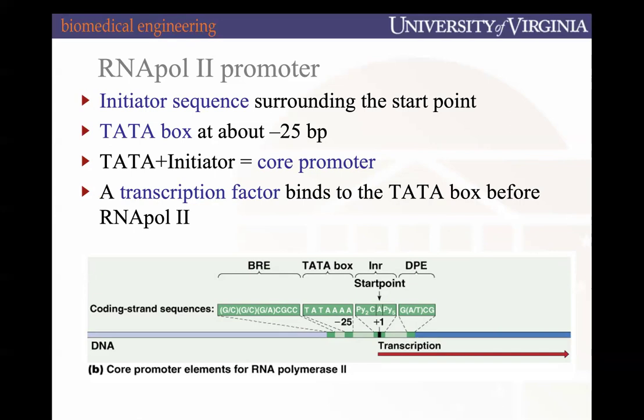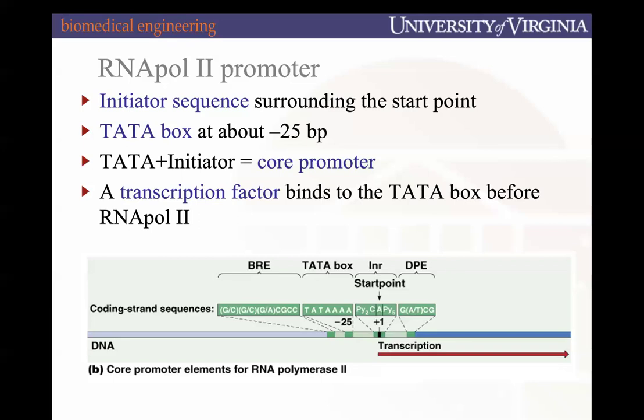In addition to that, we have the TATA box to the left of the initiator point, about 25 base pairs upstream, towards the 5' end. These two together, the TATA box and the initiator sequence, make up what's called the core promoter. That's key because it's a consensus sequence that's conserved across species and well defined.